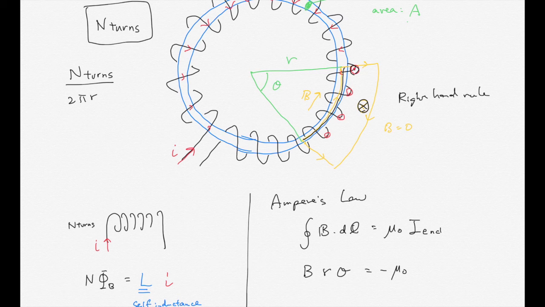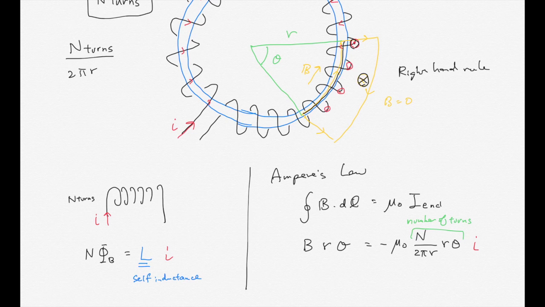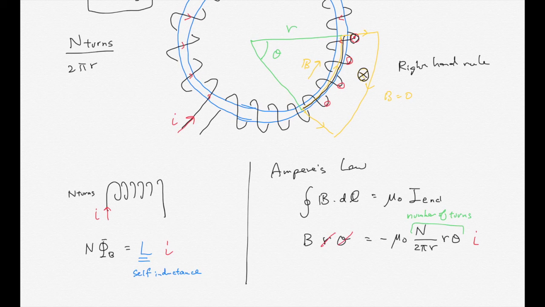So this means N over 2 pi r times r theta. Then you find the number of turns, times the current I. And if you look at both sides, r theta appears on both sides and cancels out.